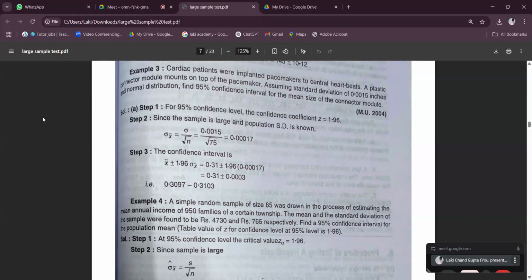The sample mean is not given, right? Only the standard deviation is given. So you can add there that the sample mean is 0.31, and the number of samples is also not given.